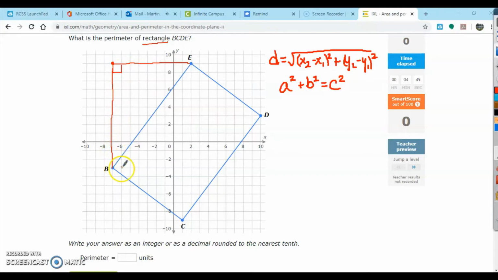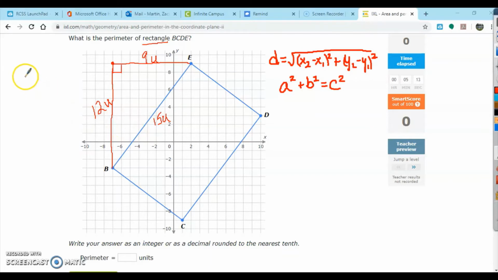And I know that the distance from B to this particular point here, let's say that's 9 units plus 3 more units, that's 12 units. And then I also know the length here is from -7 to 2, so that's 9 units there. Well, this again is a 3, 4, 5, so this should be 15 units, Pythagorean triple.